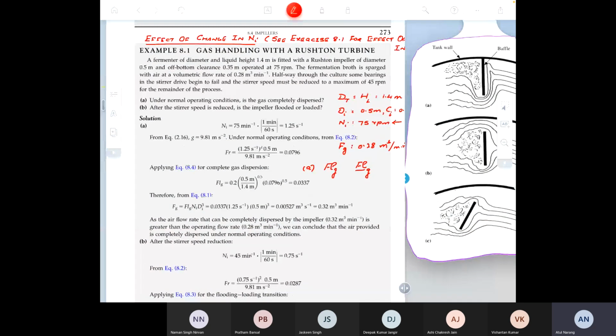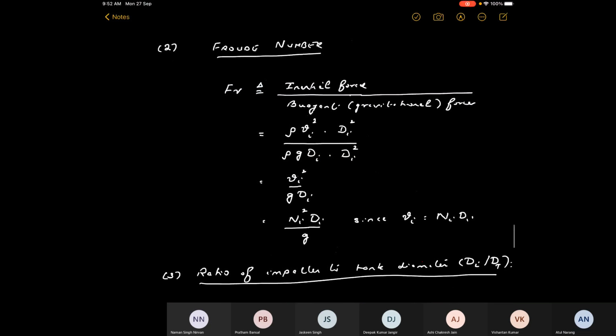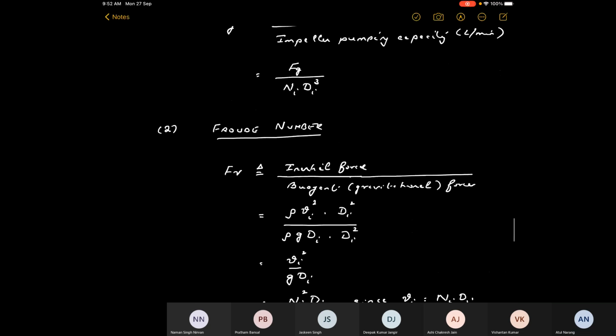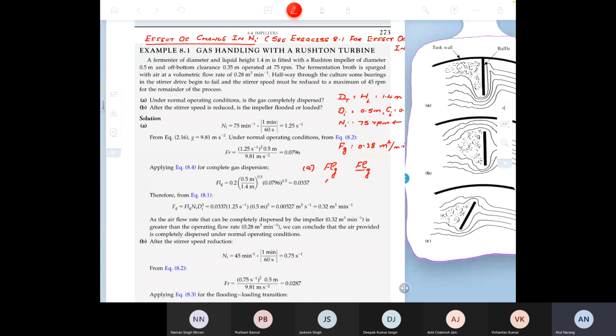The flow number is F_G divided by N_I D_I cubed. Is that correct? I hope I got it right.